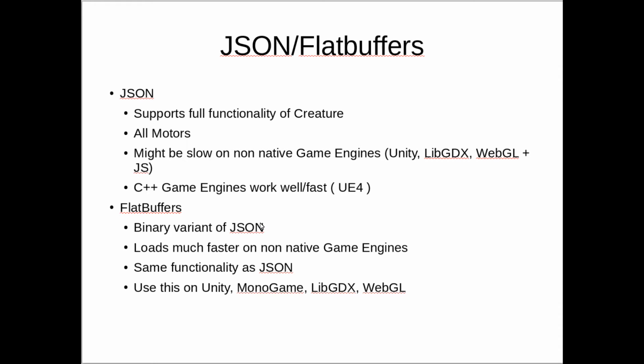So if you need all the functionality, everything, real-time IK and swapping of images or the attachments in-game, use the JSON or Flatbuffers. And in the case of Unity, MonoGame, libGDX, and WebGL, I highly recommend you stick to Flatbuffers because the load times are reduced tremendously.